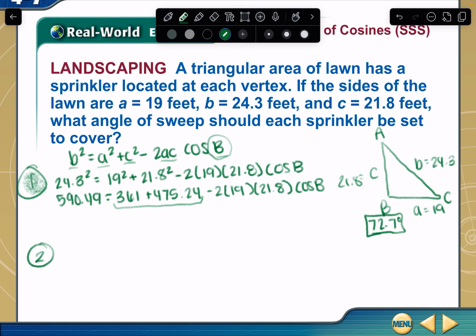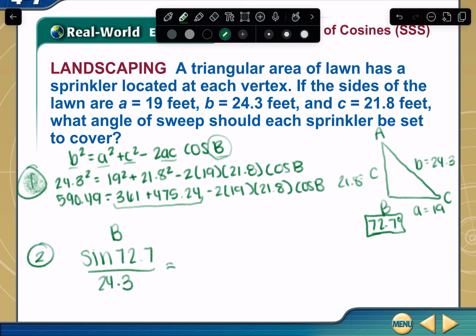Law of sine is what we did yesterday. So sine of A over side A is equal to sine of B over side B. At the moment, the only thing that I know completely is angle B and side B.